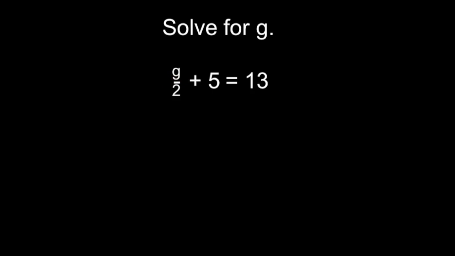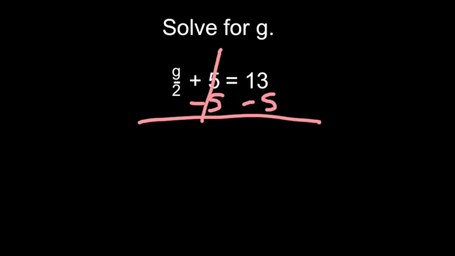Normally we would do division first, but we're working backwards to solve for g. It means we need to deal with this plus sign. And we always do the opposite when we're solving. So the opposite of adding 5 is subtracting 5. That means 5 minus 5 cancels out, leaving g over 2 equals 13 minus 5 is 8.